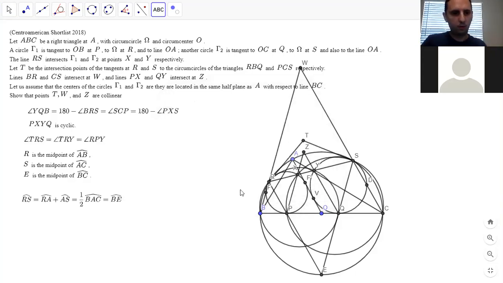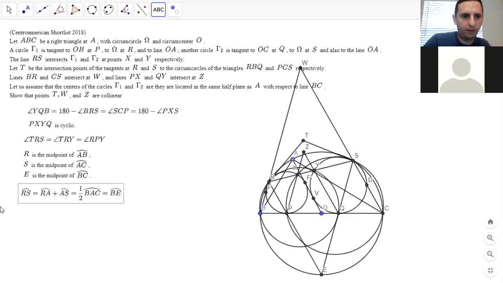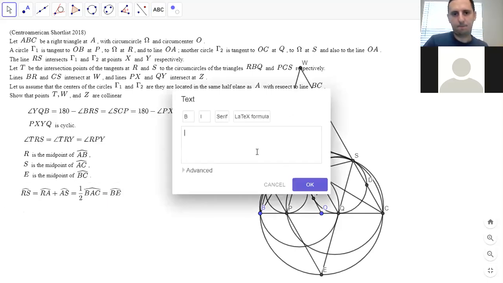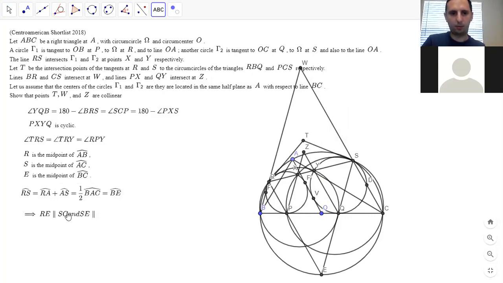So basically that implies that RE is parallel to SC. And SE is parallel to RB.